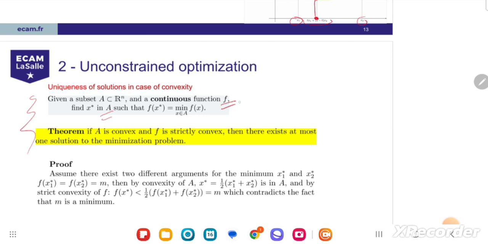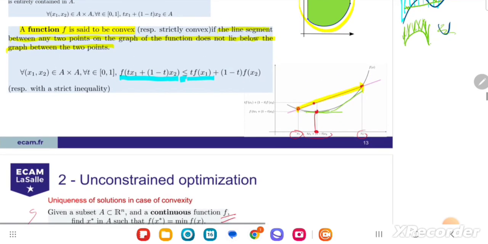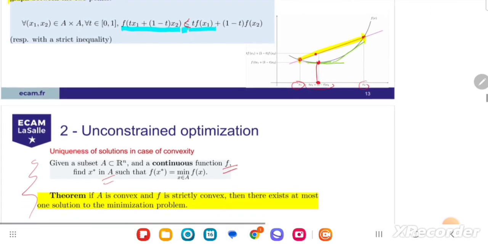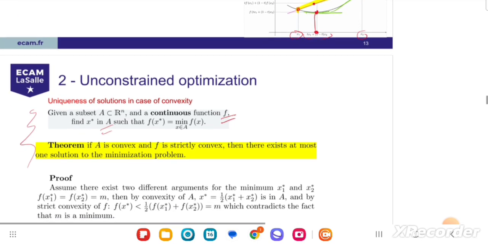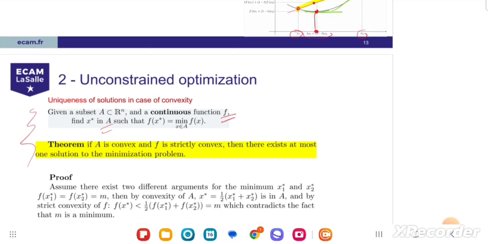Strictly convex just means that the previous inequality is a strict inequality, so the image is strictly below the segment line between the images of your points.